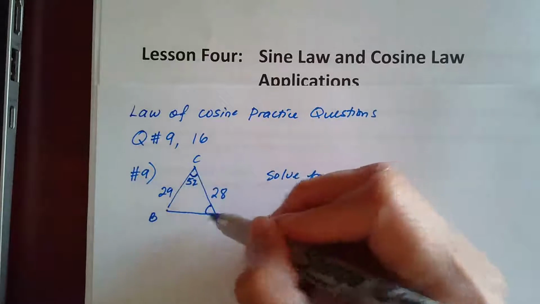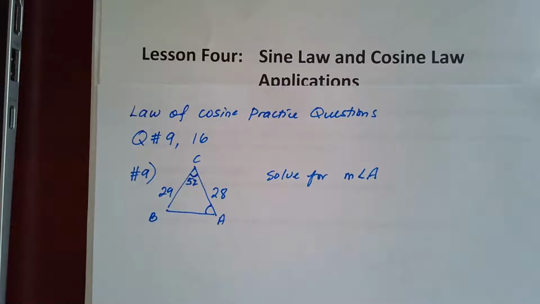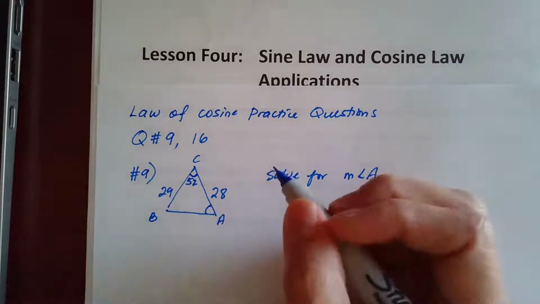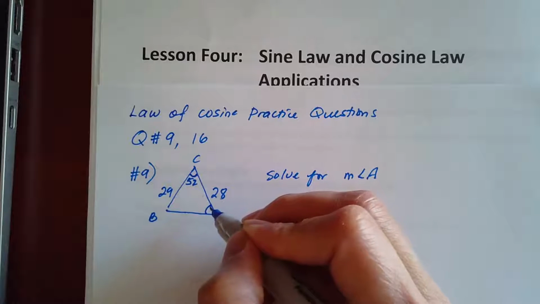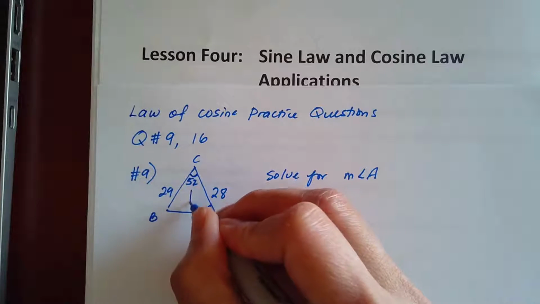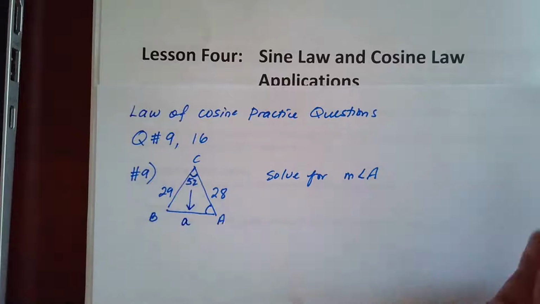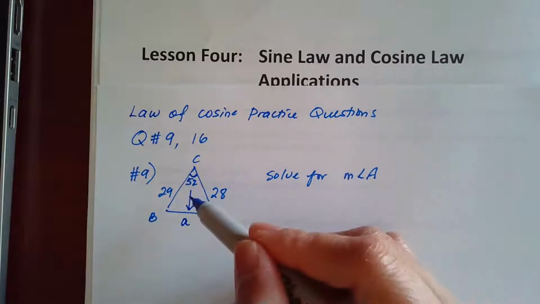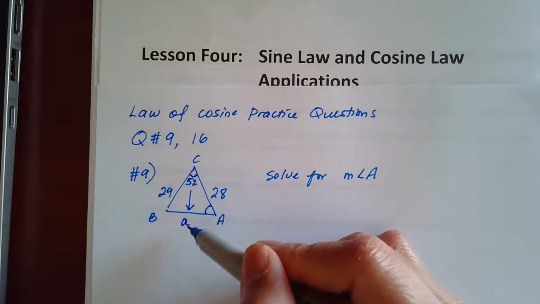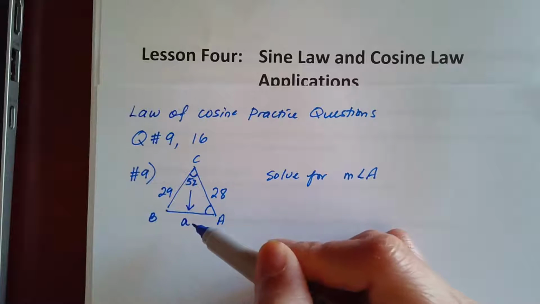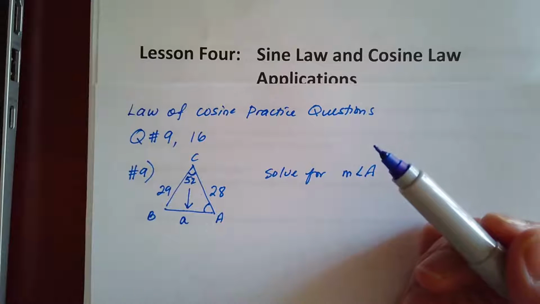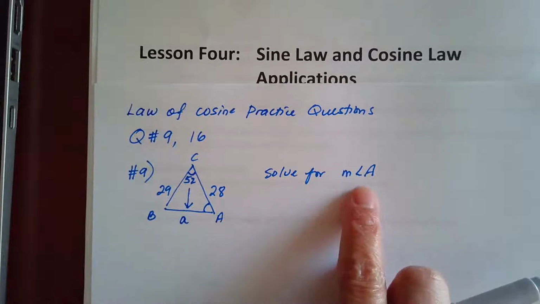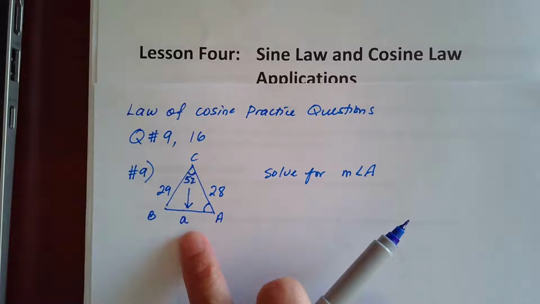When we talked about this last time, we said that when you have a sandwich, we are going to be searching for side A. In this particular case, we have side A that we could figure out. That's not the question that they're asking for. So this is going to be a two-step question.